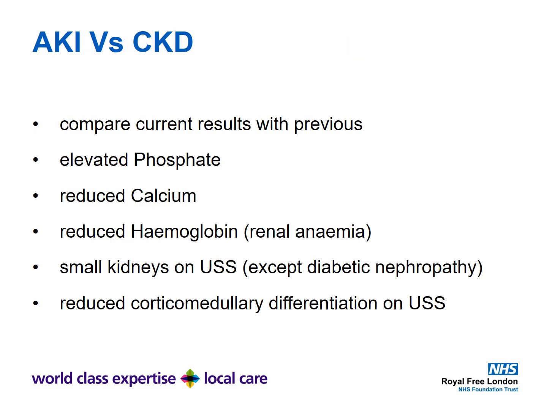So how do we compare AKI versus CKD? Well, the first thing to do is to have awareness of previous biochemical results, which will make the differentiation quite simple. Pre-existing CKD is a risk factor for AKI, and deteriorating biochemistry against a background of known abnormal renal function clinches the diagnosis.